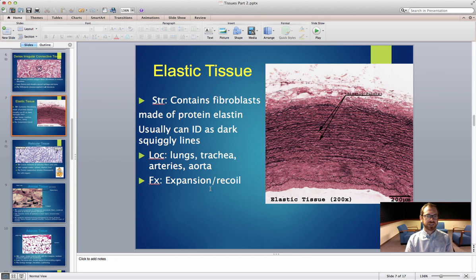And so the elastic tissue is going to allow blood to pump through the arteries without bursting the artery. And so as the blood is pumped through the arteries, the elastic fibers allow it to quickly expand and then recoil. And this is going to be the major function of this elastic tissue.